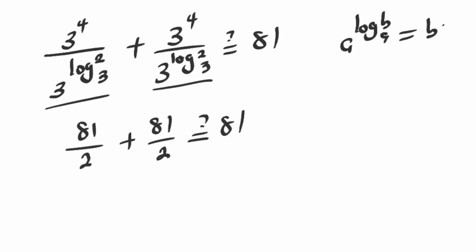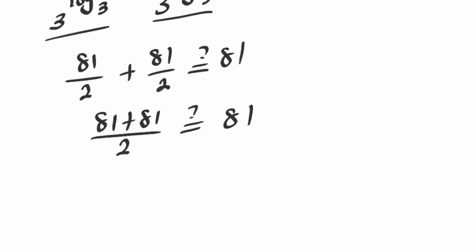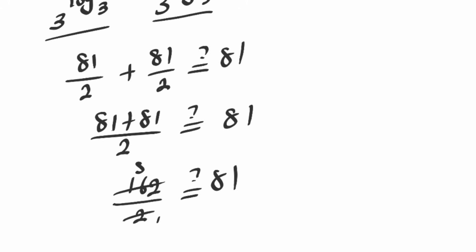Then the LCM here is 2. Then we have 81 plus 81 must be equal to 81. Let's see, 1 plus 1, that is 2. 8 plus 8, 16. That is 162 divided by 2 must be equal to 81. 2 here, 1, 2 here, 81. Therefore, 81 is equal to 81, which is true.